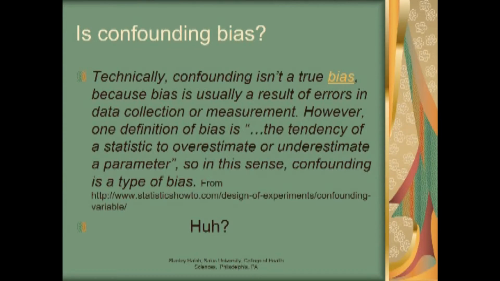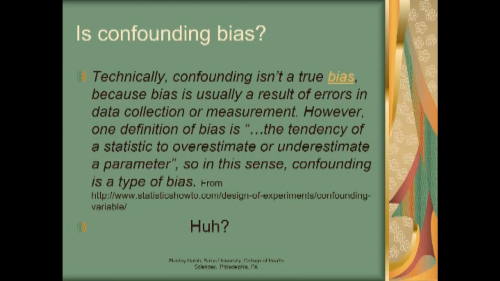So here's an interesting quote that I took. Technically, confounding isn't a true bias because bias is usually a result of errors in data collection or measurement. However, one definition of bias is, quote, the tendency of a statistic to overestimate or underestimate a parameter, which is what confounding does.